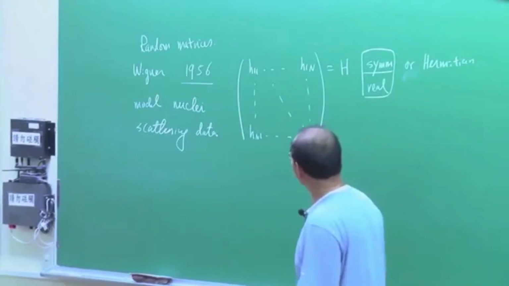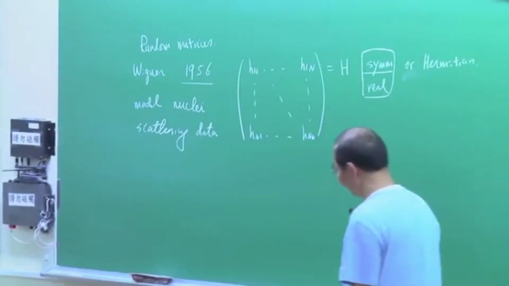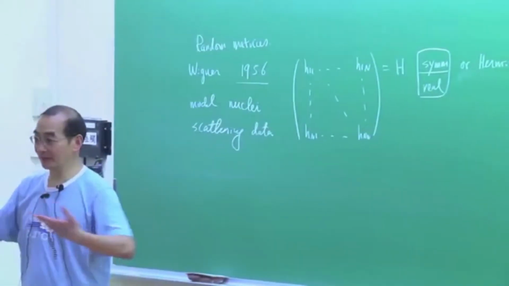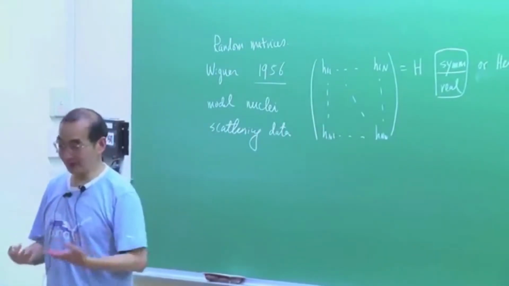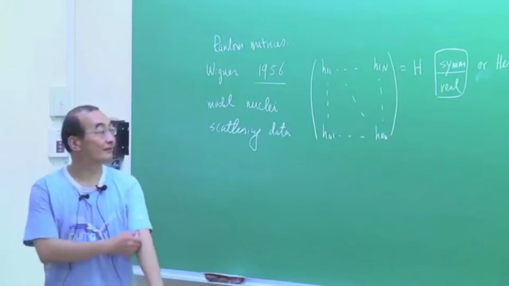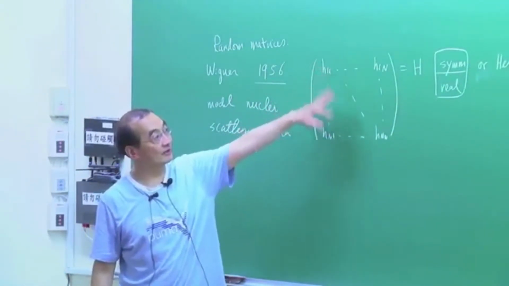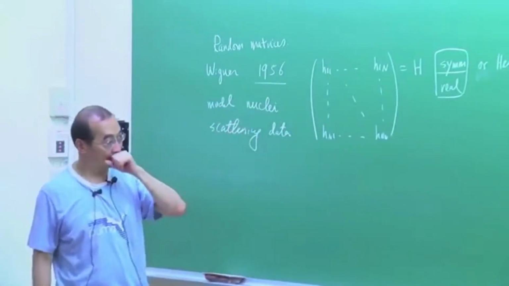So he proposed to use random matrices as a model. His idea was, if you have many particles interacting with each other, and you don't know very much about the detail, because the detail is far too complicated, then you take a matrix which is completely random, and use it to model the nuclear scattering data.